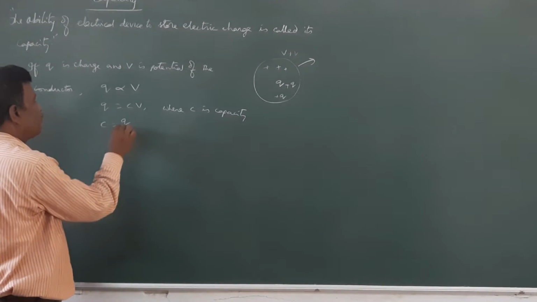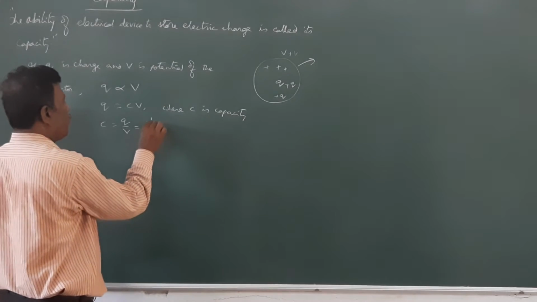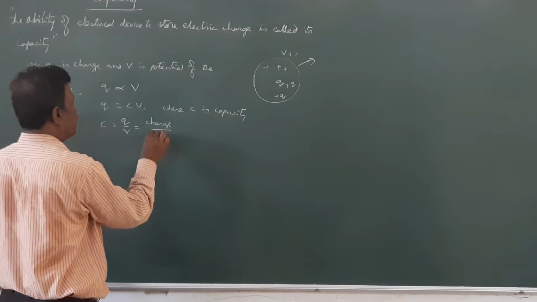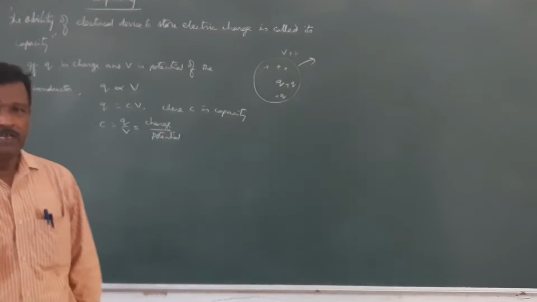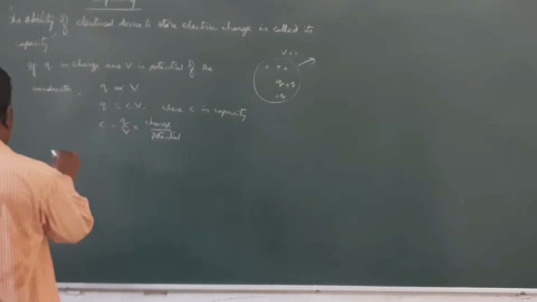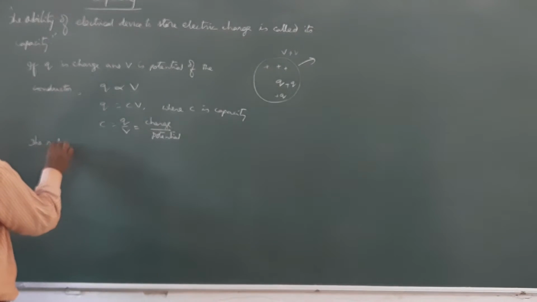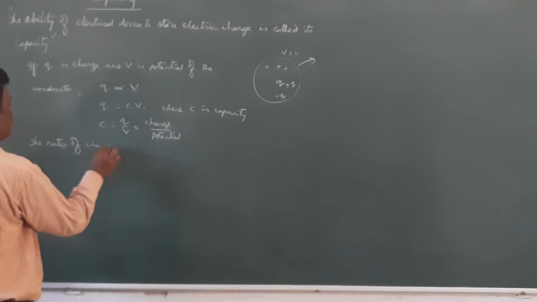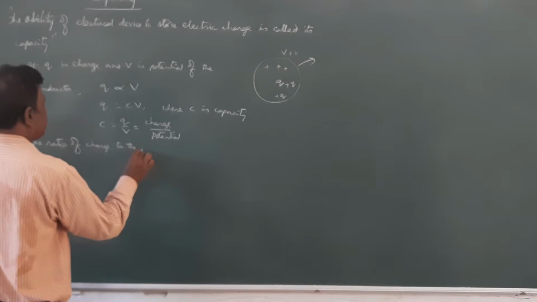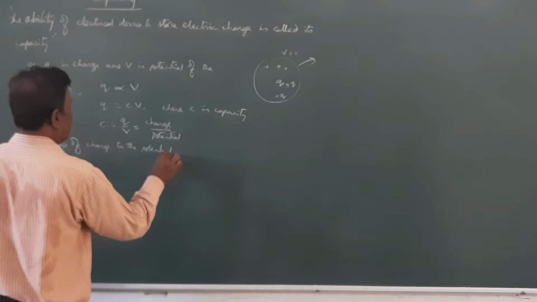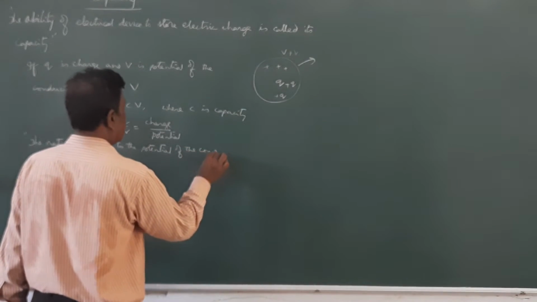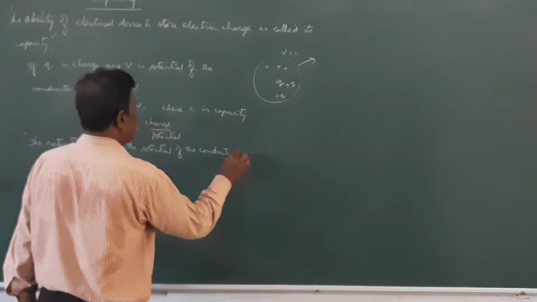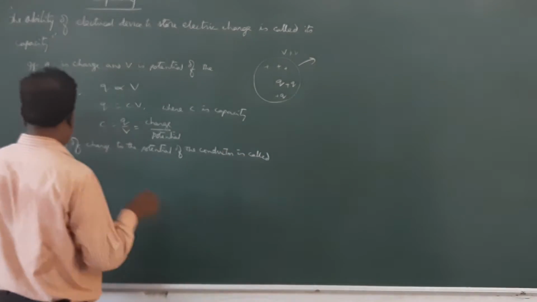Therefore, C is equal to Q by V. Therefore, the ratio of electric charge to the potential of the conductor is called its capacity.